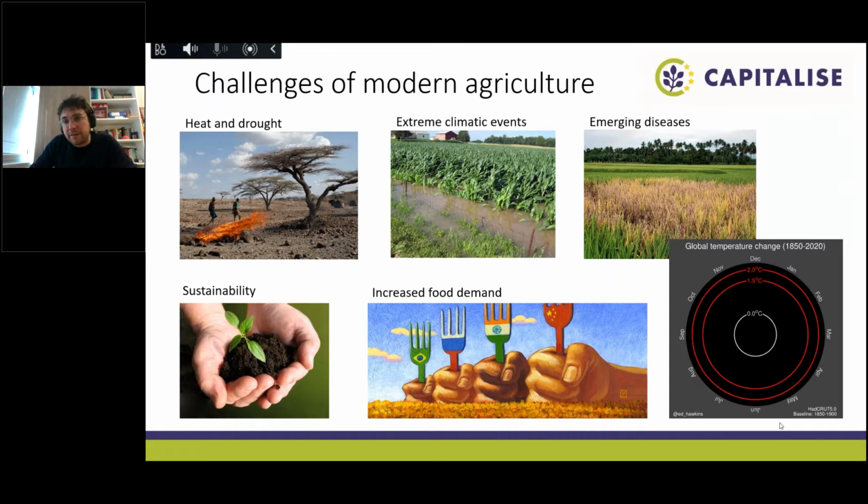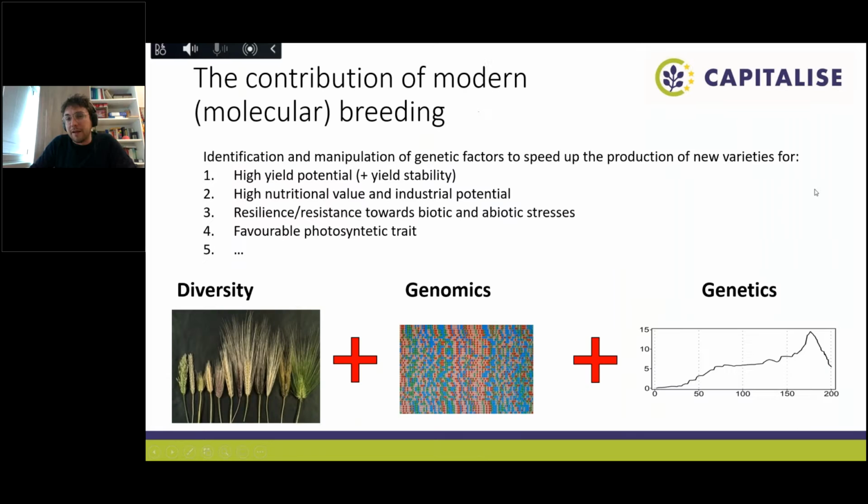And so in order to do that, well, this is a very momentous challenge, of course, but the kind of perspective that genetics can bring to the table, at least the way I see it, is that we aim to identify and manipulate genetic factors to speed up the production of new varieties.